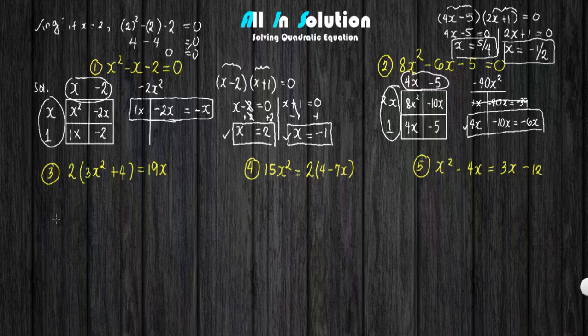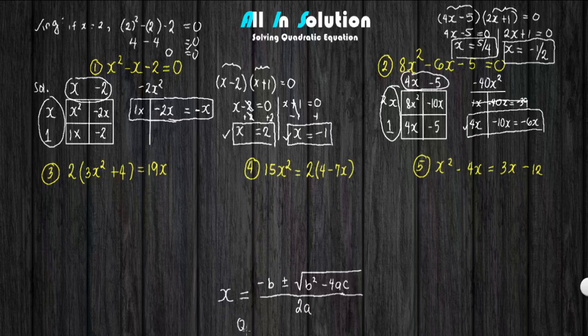So for our remaining examples, we will use the quadratic formula. We have here the solution x equals negative b plus or minus square root of b squared minus 4AC divided by 2A.